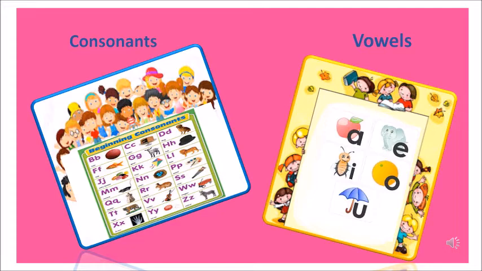I, O and U similarly have been placed in the vowels column. Why? Because these are some special alphabets which are used in special places. So, again I repeat, English alphabets can be divided in two parts, consonants and vowels. There are 21 consonants and 5 vowels.